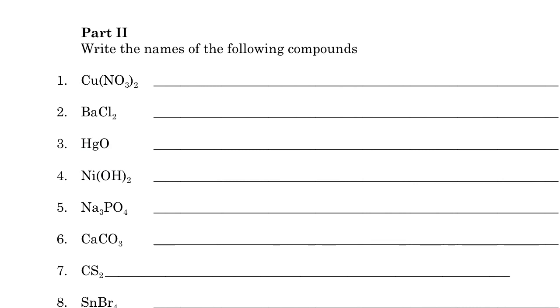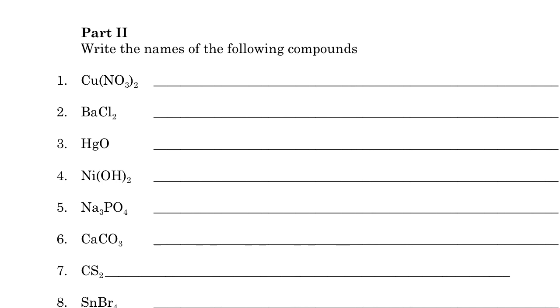So I'm going to talk through just some naming ones here. Here we have copper. And this time I have to work back and make sure that I know what the charges are, because copper is a transition metal, so I have to know which charge to put on it. So the first thing I'm going to do is start with the anion, which is nitrate.